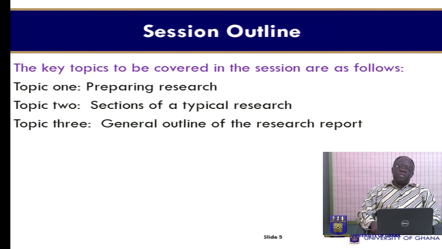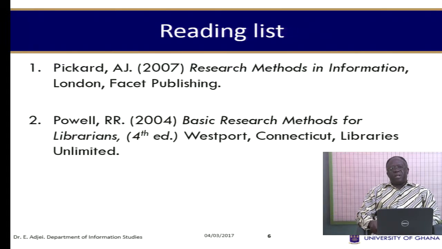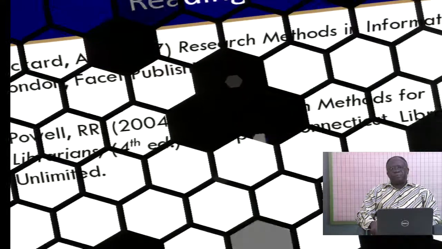So we will be concerned with three main things: preparing a research proposal, sections of a typical research proposal, and a general outline of a research report. Here are your usual references.